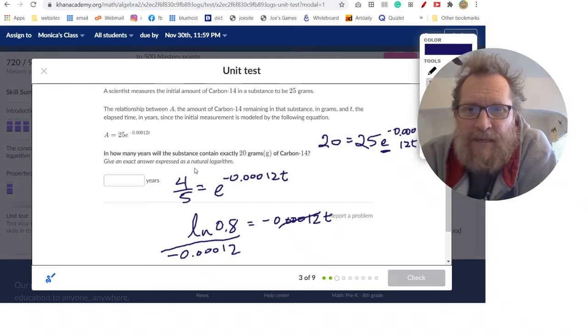Oh, give an answer expressed as a natural logarithm. All right. I guess this is a good enough way to say this.